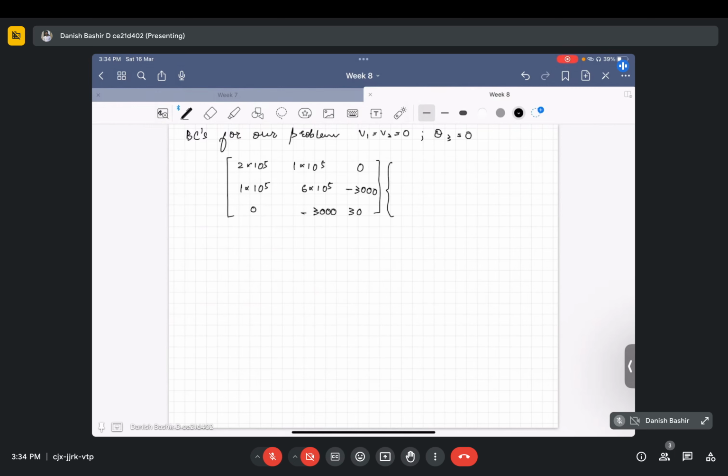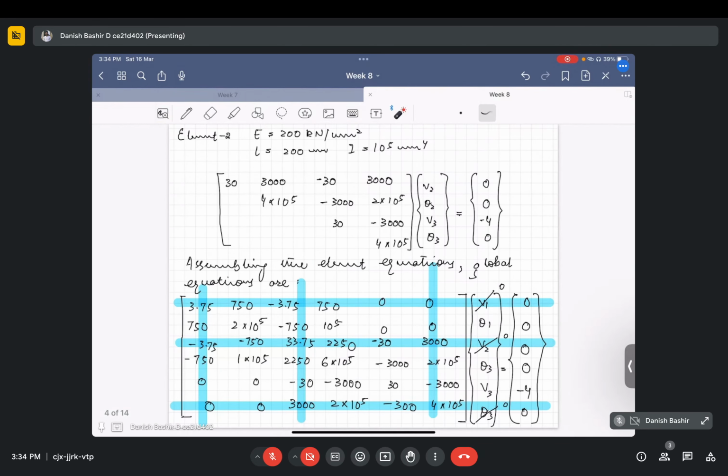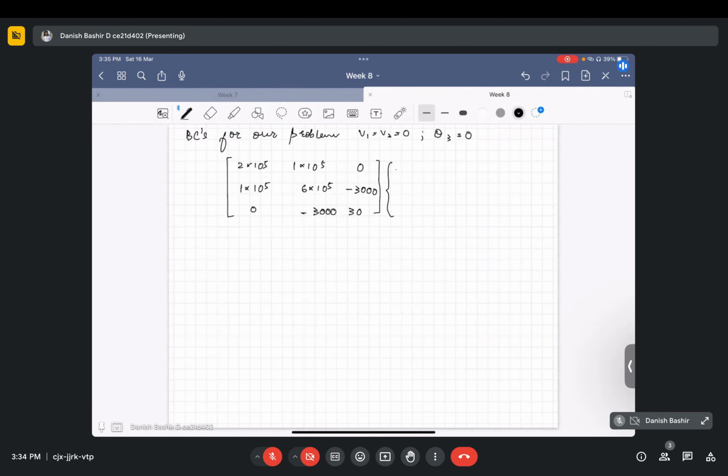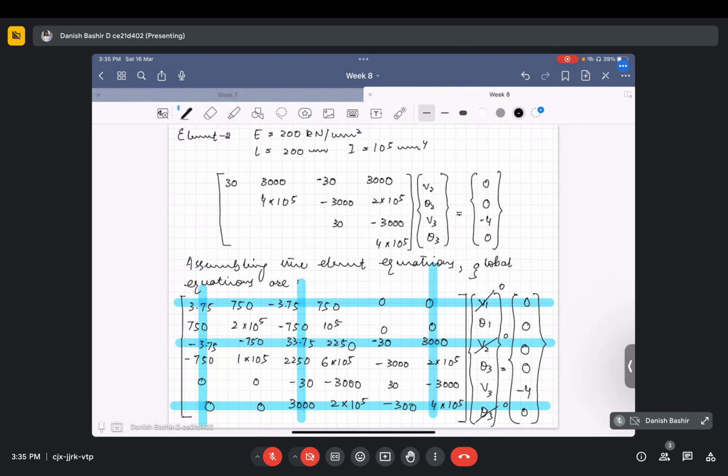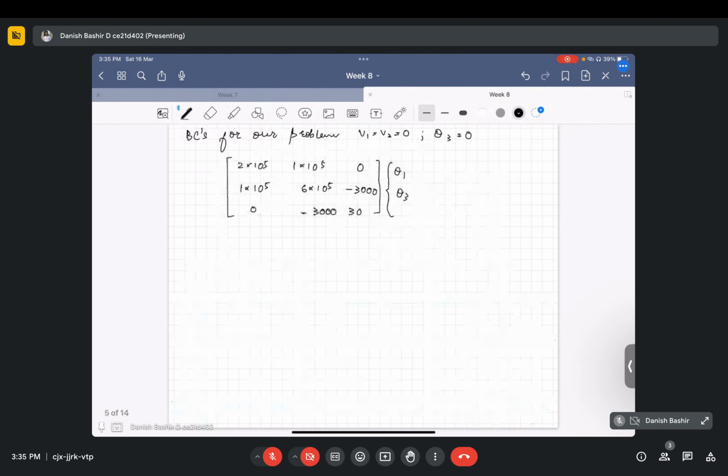We are left with degrees of freedom theta 1, theta 2 and v3, which is equal to 0, 0, minus 4.